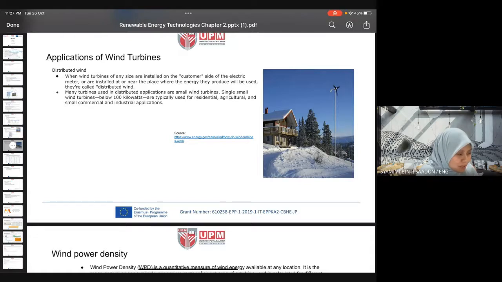So this is an example where the wind turbine is installed at the consumer place, here on the customer side, and the energy produced will be used by the customers around. So what we call distributed wind is like distributed electricity.